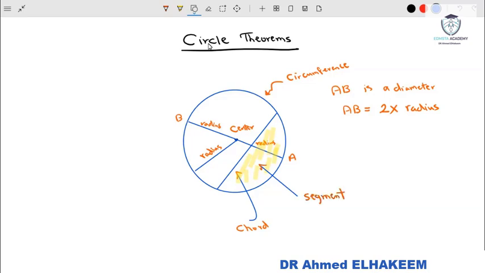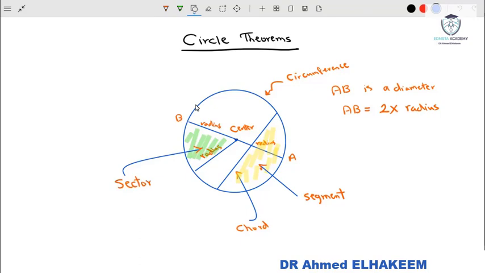Let's make it as a revision because maybe some or all of you know, but I will tell you how to use it. Another important thing is that this area here is called what? It is called sector.